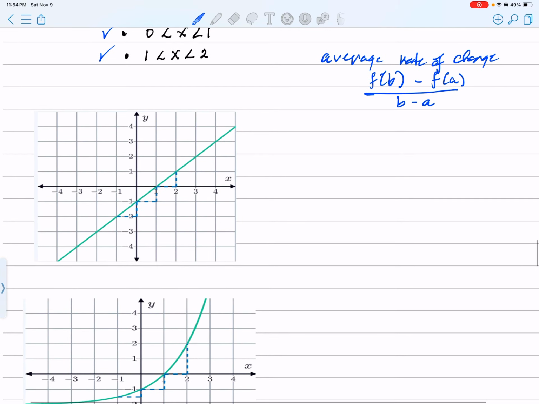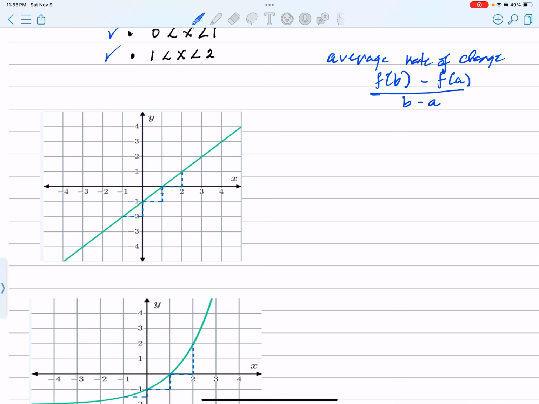You can see this interval right here. So we can use this for the linear function.